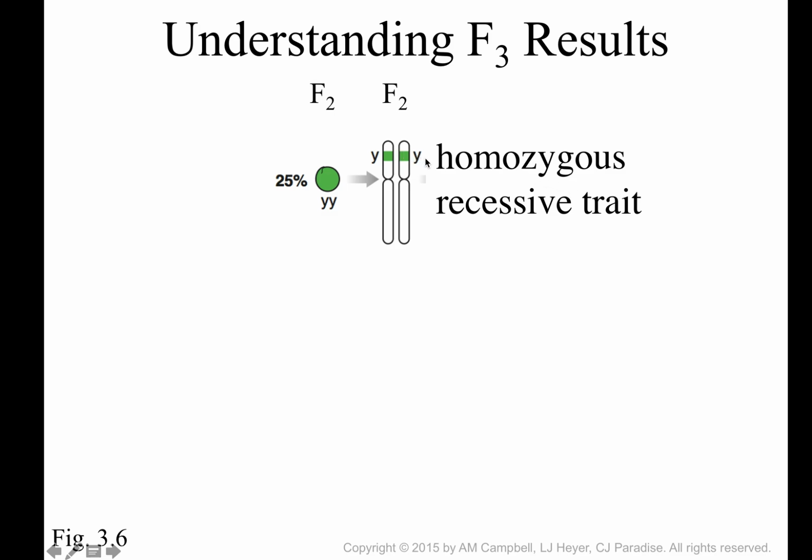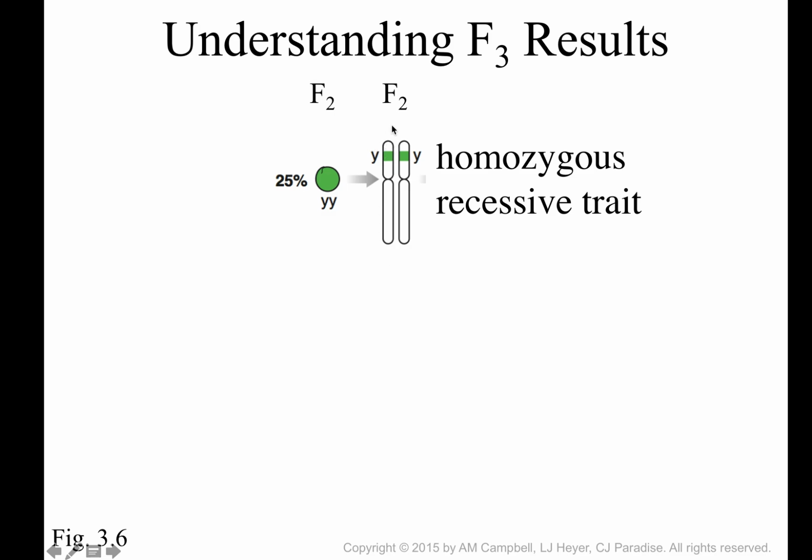In the case of Mendel and his peas, the typical way to draw these, if it's a recessive trait, use a lowercase letter, like a lowercase y, and if it's a dominant trait, use a capital letter, like a capital Y. So in this case, both genes are the same on the 2 chromosomes that have a gene that codes for seed color.